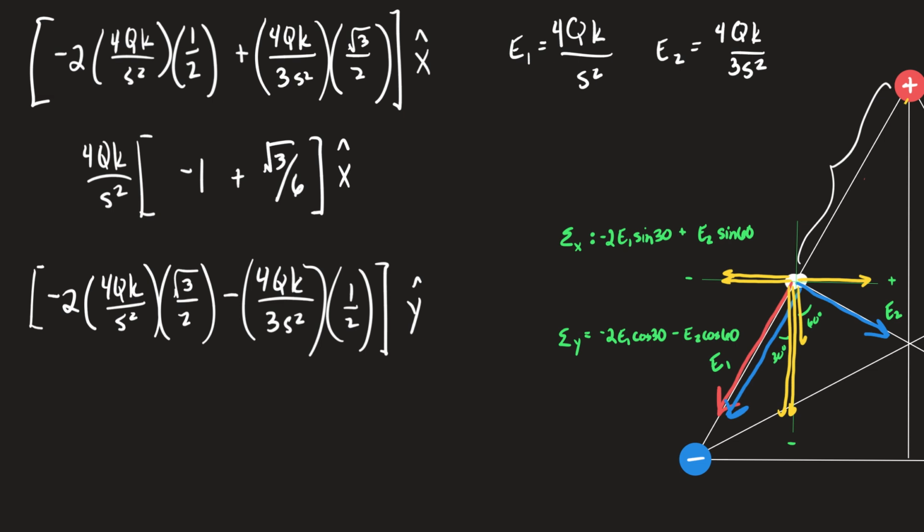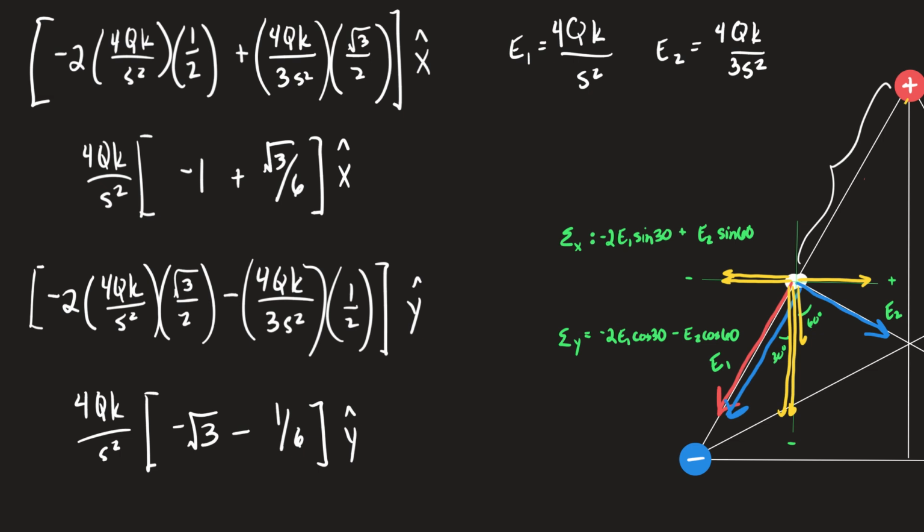My arithmetic's okay. Are you seeing the same arithmetic? So I can move on. I have the same thing I can pull out in the bottom one too. 4qk over s squared times, looks like that -2 and that 2 will cancel. Now let's have -√3 and minus 1/6. How's that? That all okay with you guys?